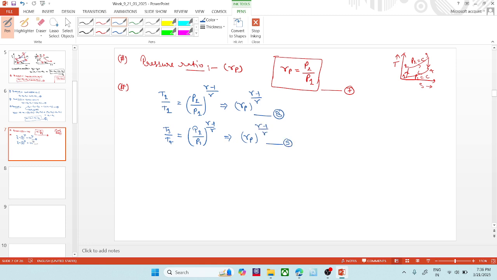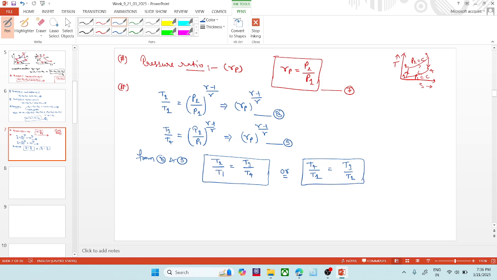So from equation 8 and 9, we can write that T2 by T1 is equal to T3 by T4, or we can write this T4 by T1 is equal to T3 by T2. I will write it as equation number 10.